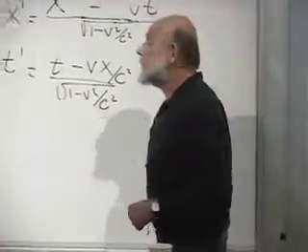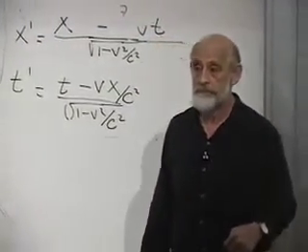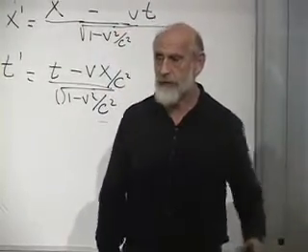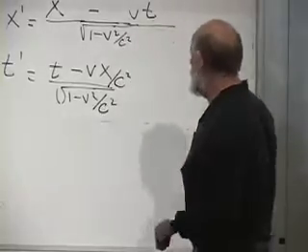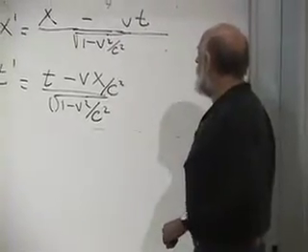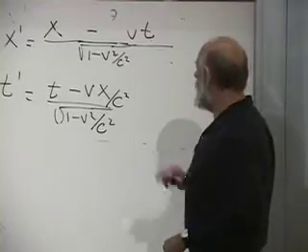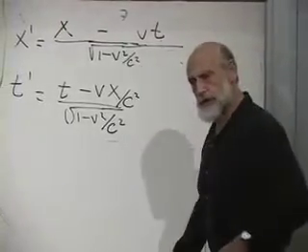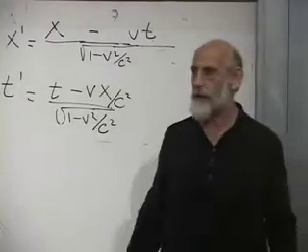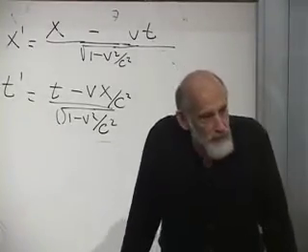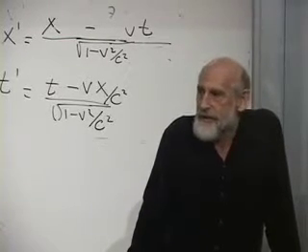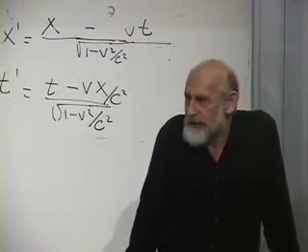Isn't adding velocities good enough? In fact, you're right, but let's just look at the transformations themselves. As long as the velocity is a small percentage of the speed of light, and ordinary velocities are what, 100 miles an hour versus 186,000 miles a second? It's small, right?